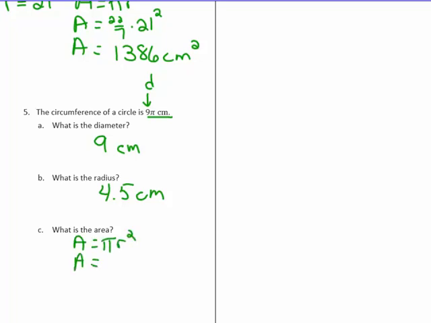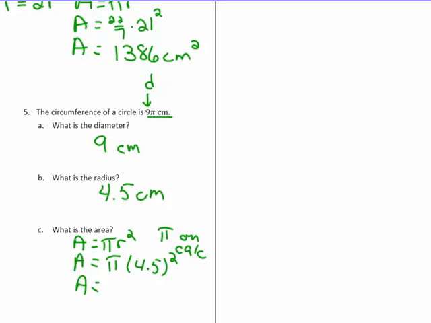Now, they don't tell me if they want an exact area or not, so I'm going to use the pi button on my calculator. I'm going to write that off to the side so we remember. So I'm going to fill in my radius, 4.5 squared. When I do that on my calculator, I'm going to use, again, the pi button times 4.5 squared.